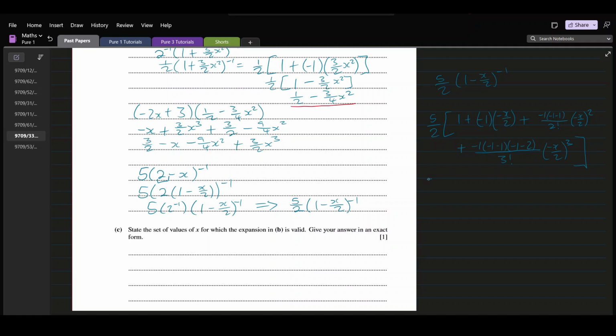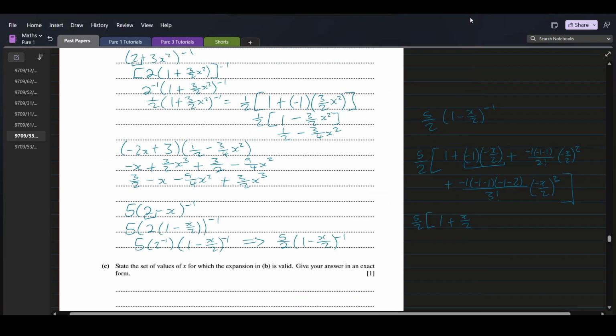So this would be 5 over 2 times 1 plus x over 2, and so on. If we simplify this, that's x over 2. Okay, let's evaluate the term in x squared. That's negative 1, negative 1 minus 1 over 2 factorial times negative 1 over 2 squared.